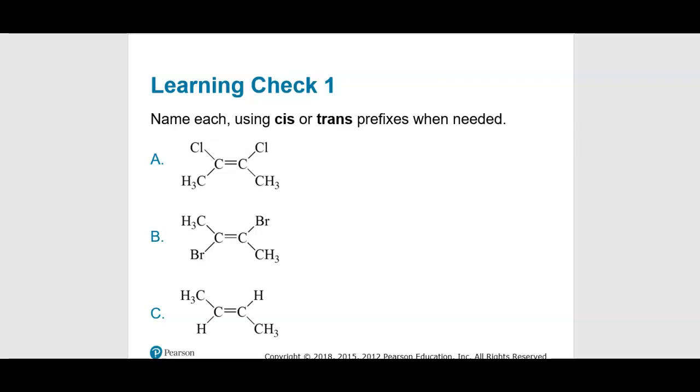So which side of the double bond are the like substituents on? Well, A has to be cis. So it's 2,3-dichloro-cis-2-butene, or cis-2,3-dichloro-2-butene.